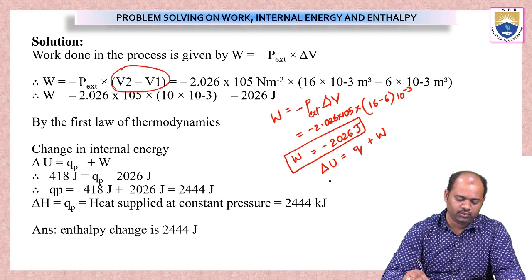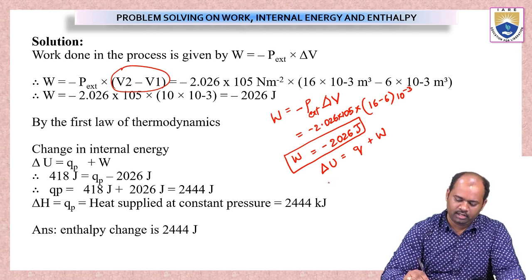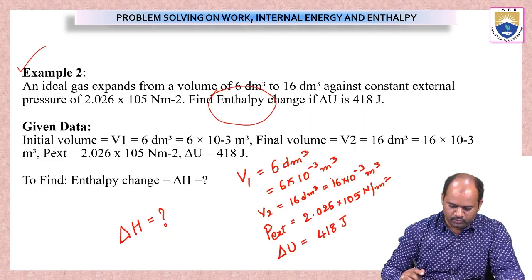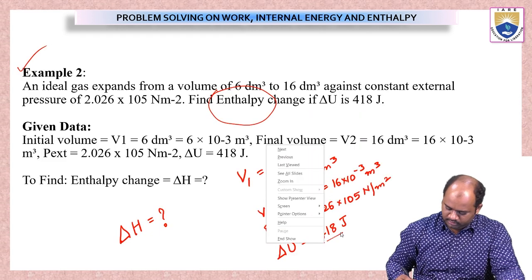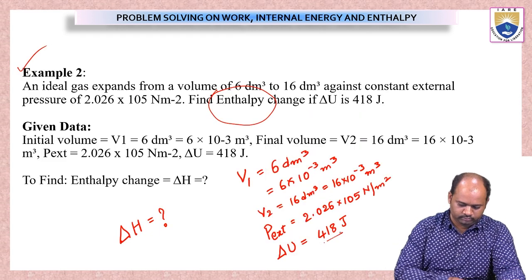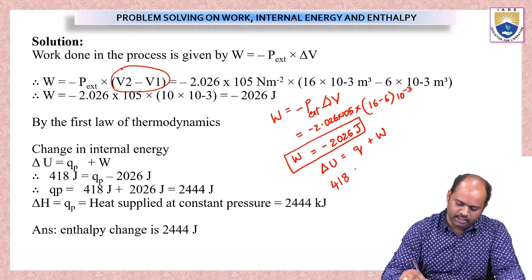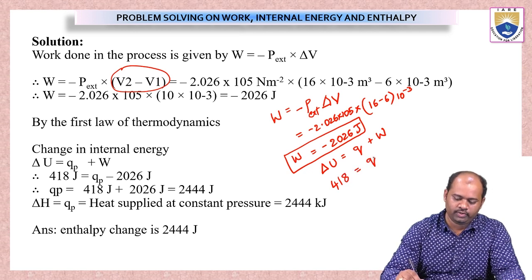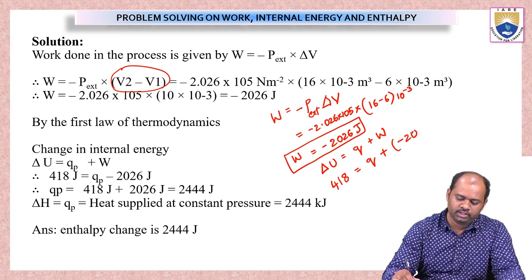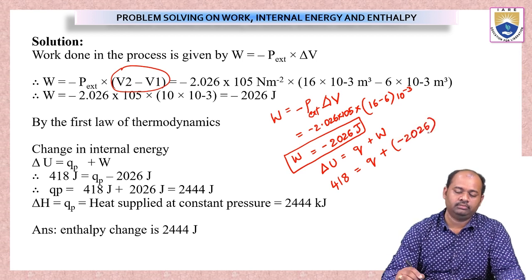Now we will substitute these values in the formula. Delta U is given in the question, that is 418 joules. So delta U, 418 joules, is equal to Q, which we have to calculate, plus minus 2026 joules.